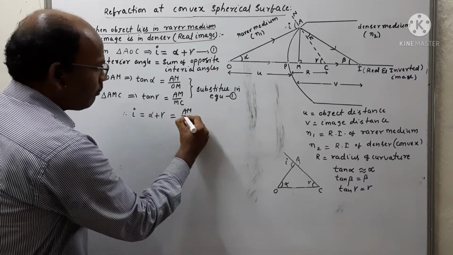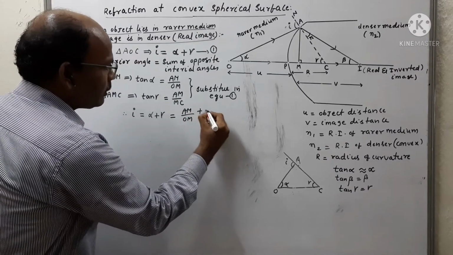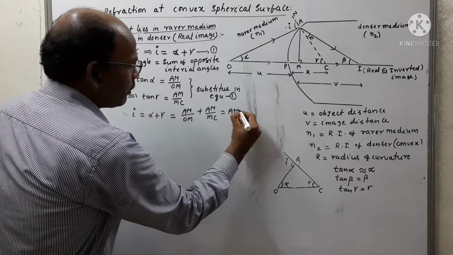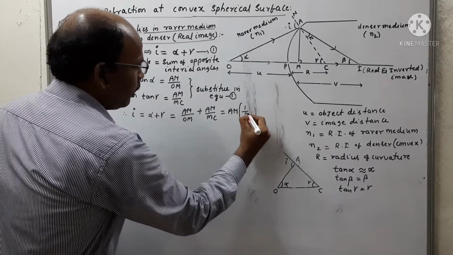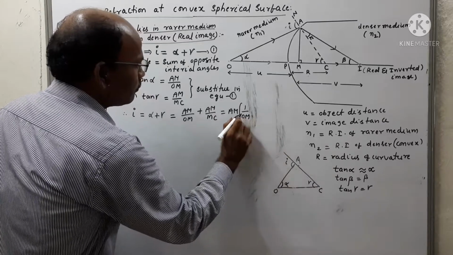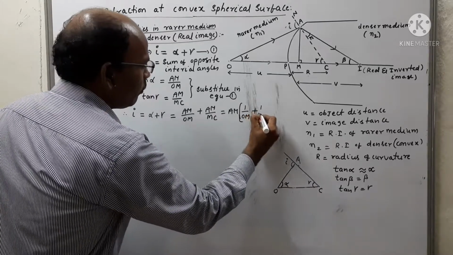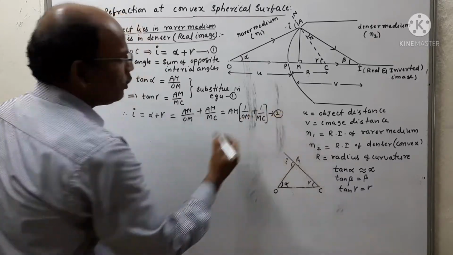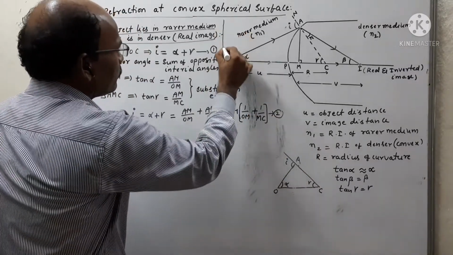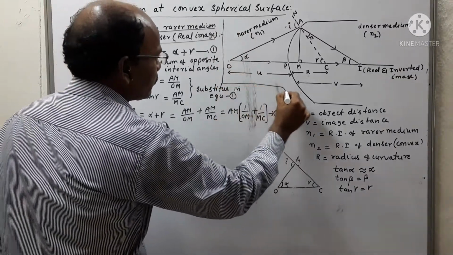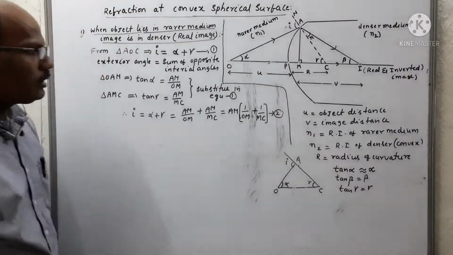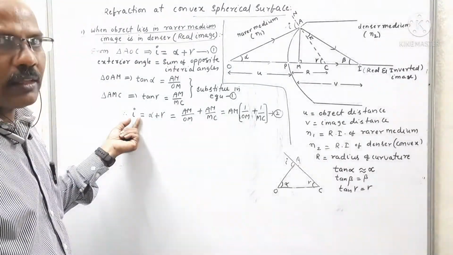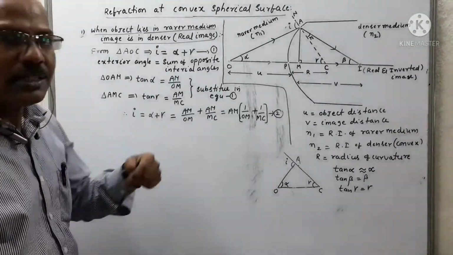So AM by OM plus AM by MC. Take AM common. So this becomes AM into 1 by OM plus 1 by MC. So this is called equation 2. So we find the value of I in terms of alpha, gamma.